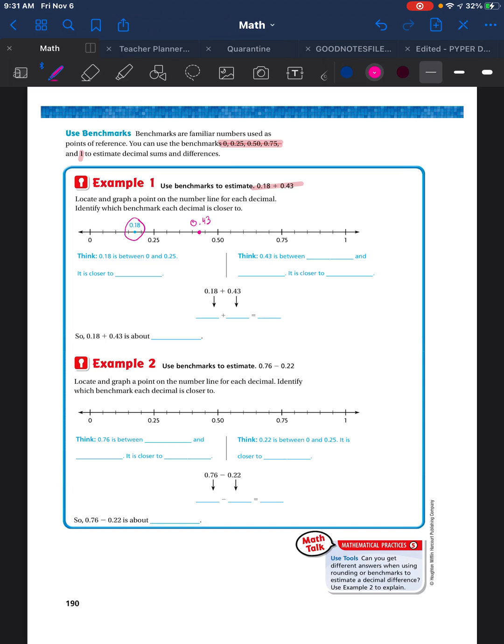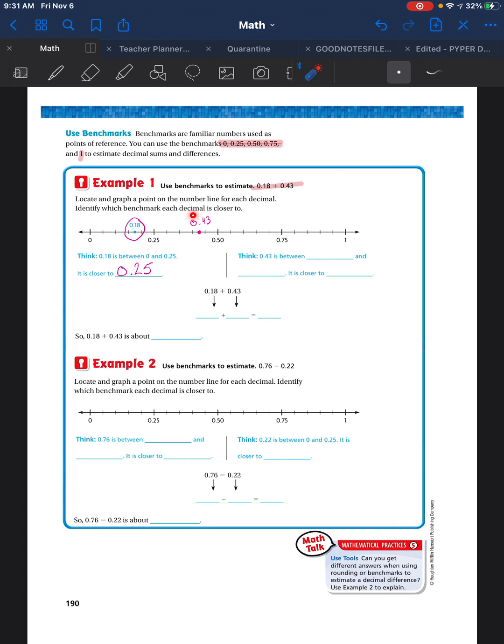And now you have to ask yourself, and it even says it right here for you, think 18 hundredths is between 0 and 25. It is closer to, well look, here's 0, here's 25 hundredths, and 18 hundredths is right here. It's much closer to 25 hundredths. So if we use the benchmark to estimate, we would pick 25 hundredths. Now the next one, it's going to be between 25 hundredths and 50 hundredths.